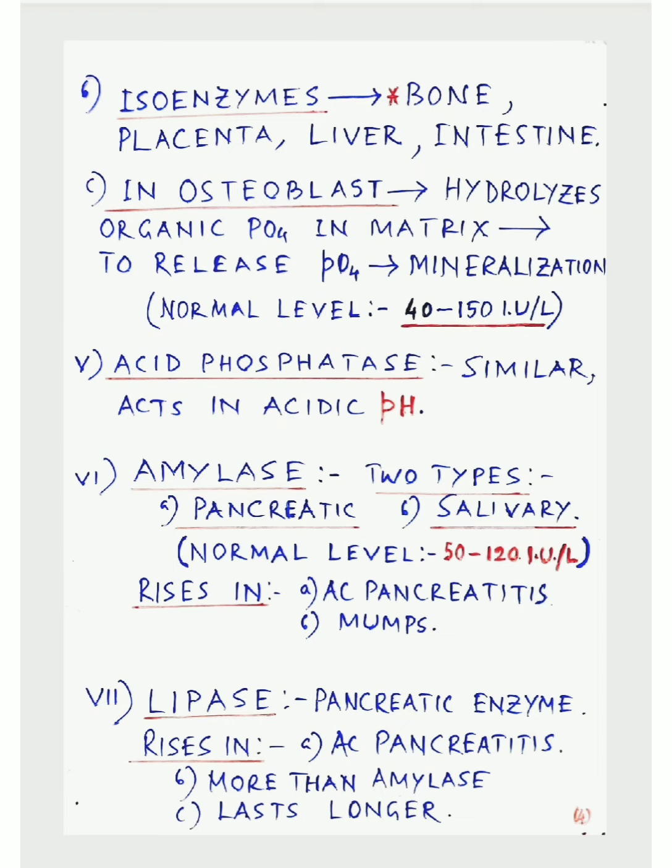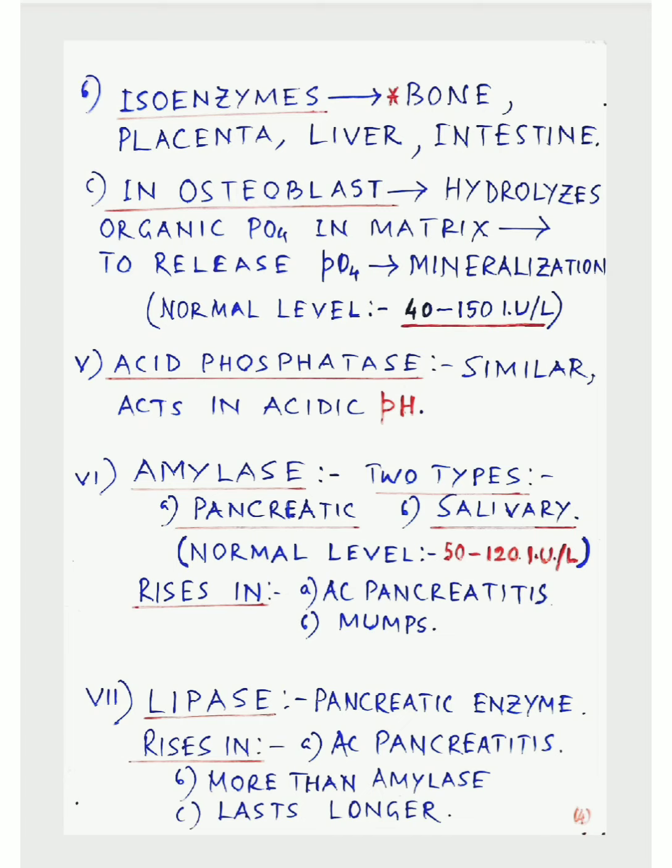Another unit, normal serum level, is also expressed in Somogyi units. That is, normal serum levels are 80 to 180 Somogyi units, or, as I have told you, 50 to 120 international units per liter. High levels of amylase are seen in acute pancreatitis, up to 1000 units per liter. It is a very serious and life-threatening condition.